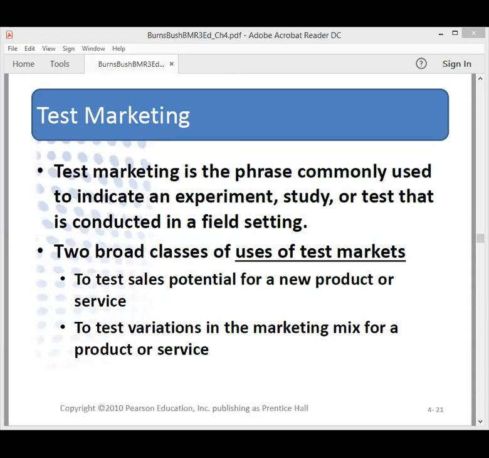Electronic test markets are those in which a panel of consumers has agreed to carry identification cards, and each consumer presents those when buying goods and services. These tests are conducted only in a small number of cities in which local retailers have agreed to participate.